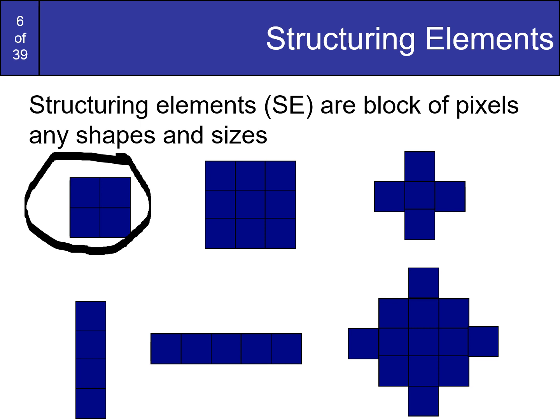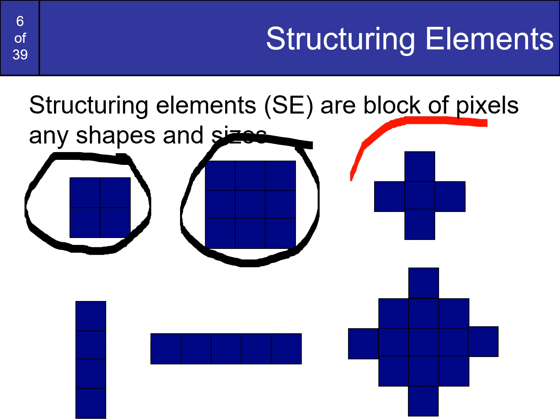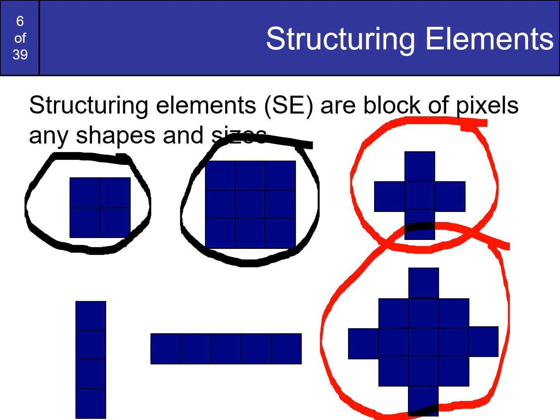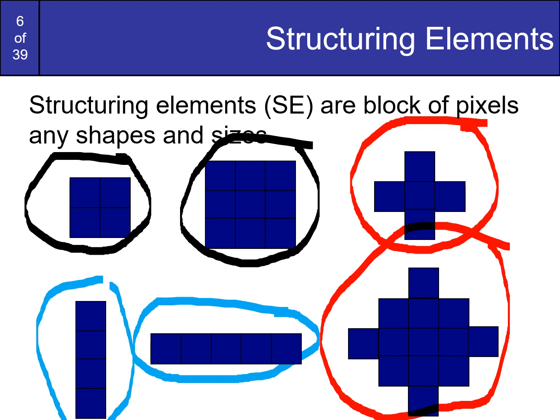Next we have another square structuring element of 3 by 3 pixels, and then we have cross-shaped structuring elements, and below here we have some sort of diamond-shaped structuring elements, and then we have a line-shaped structuring element in horizontal form, and then another line-shaped structuring element in vertical form.